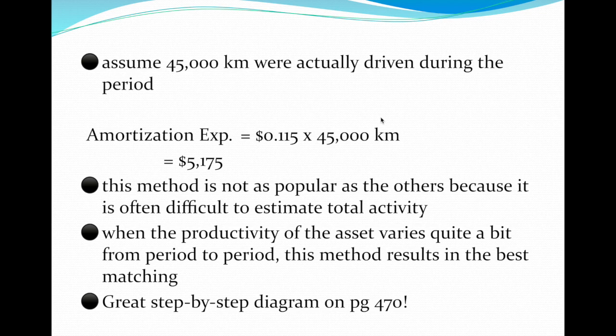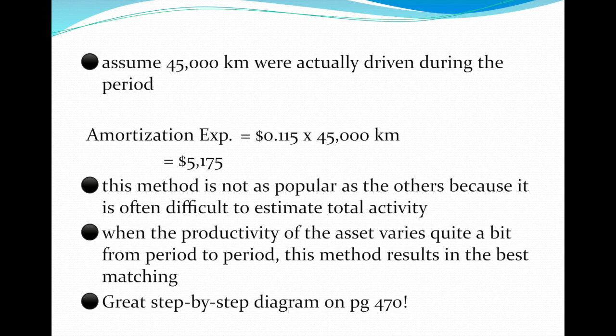Now, the nice thing about this method is it's very adaptable to the asset's usage. The more you use the asset, the higher the expense is matched with that usage and with the revenue that asset has generated, which makes a lot of sense, right?